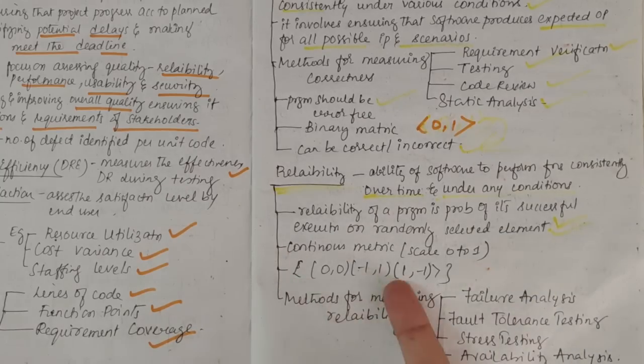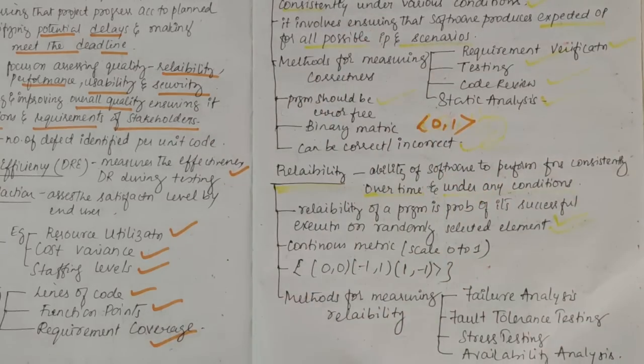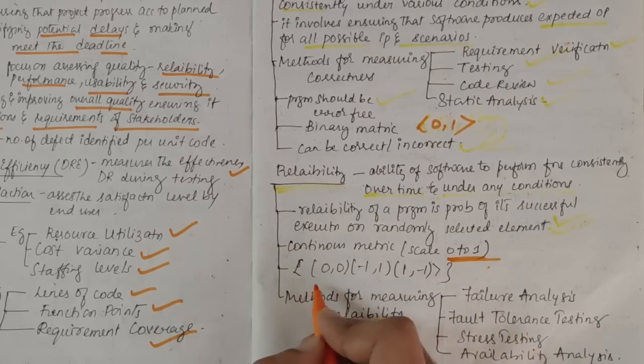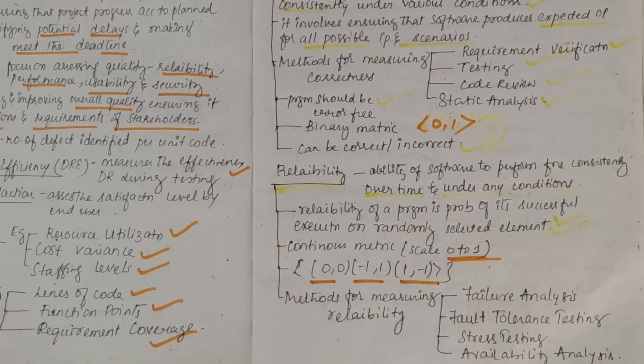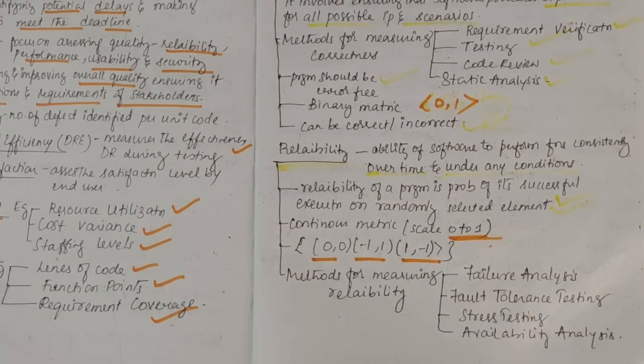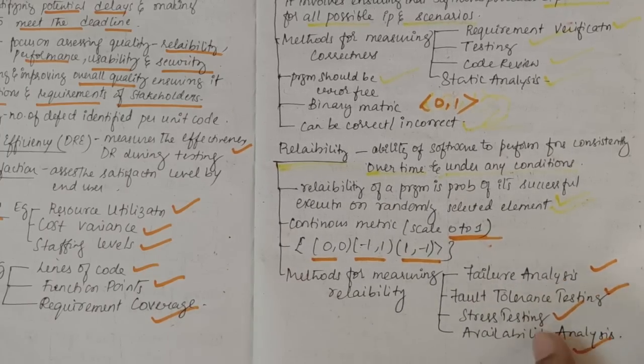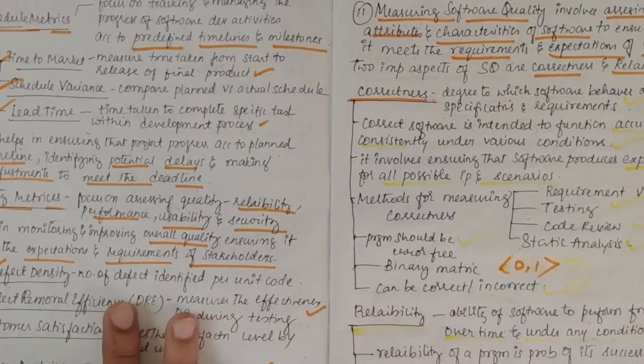It is a continuous metric, but speaking of correctness, it was a binary metric. So here the scale is from 0 to 1. Then we have the methods for measuring reliability. It could be failure analysis, fault tolerance testing, stress testing, or availability analysis. This was about measuring the software quality.